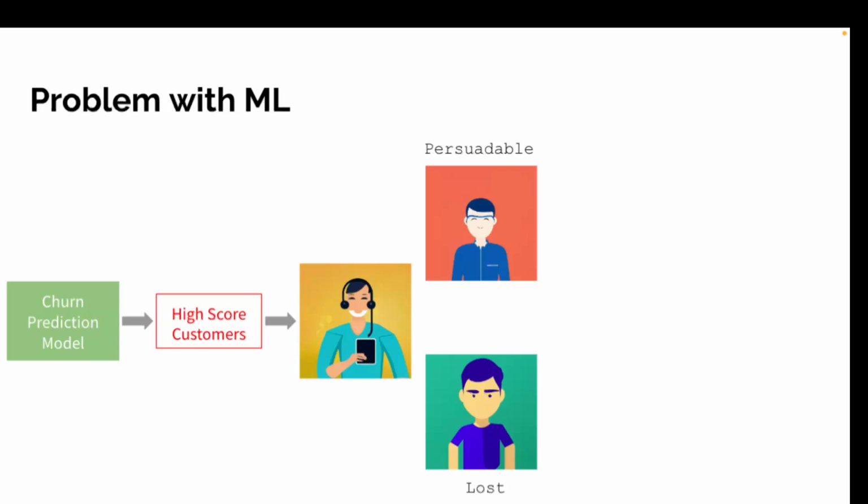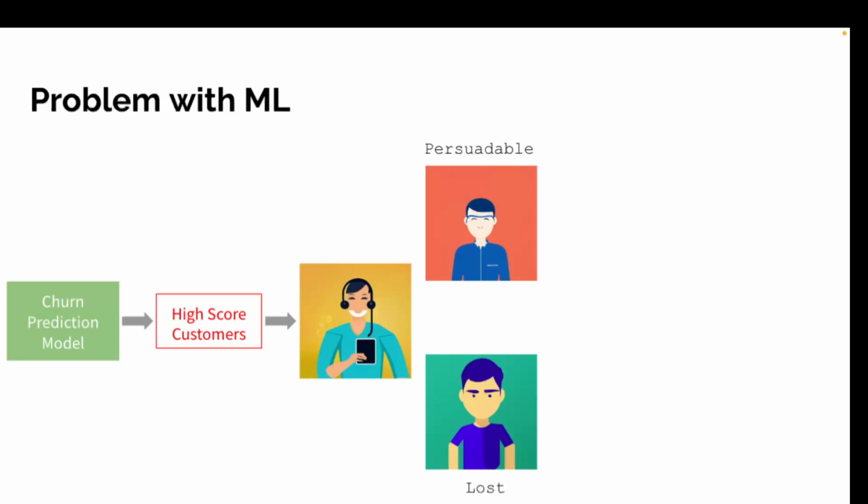Then I usually pass that to the customer service department, or whatever department is there in the company, and you start calling them. The people who are likely to churn, you call them because you want to retain them, and you are offering them a discount, let's say, or a special service, because they are valuable to you and you want to keep them.